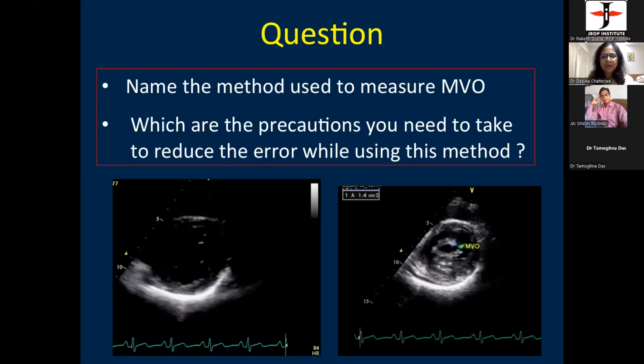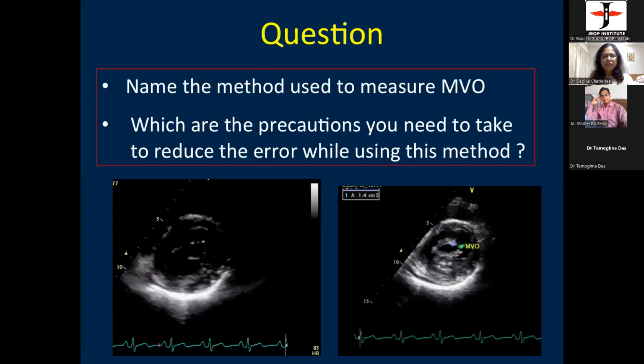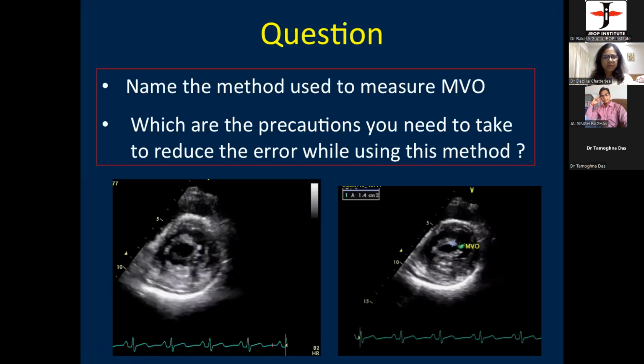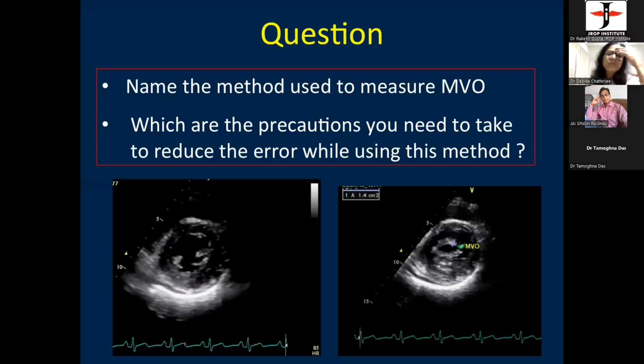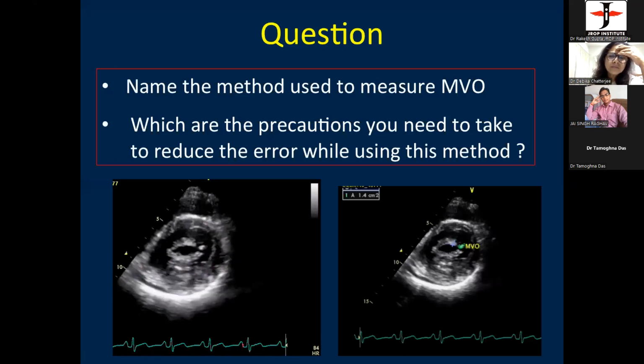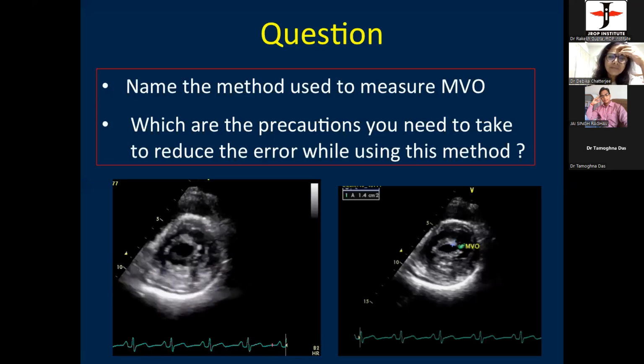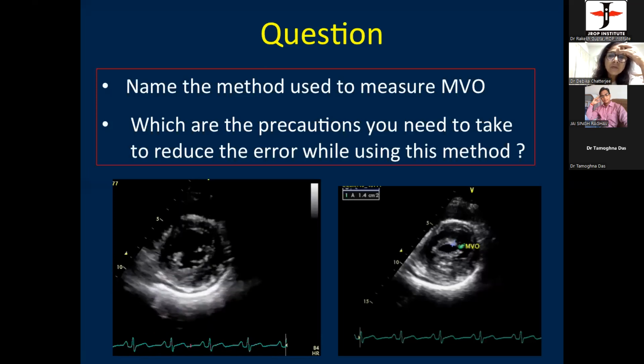Ma'am, we should take the measurement when the heart rate is below 100. We should go in the parasternal short axis view. We should start from below the apex and go up to the level of the papillary muscles, and stop at the level of the tips of the mitral valve. Then we should include the commissures in the measurement.